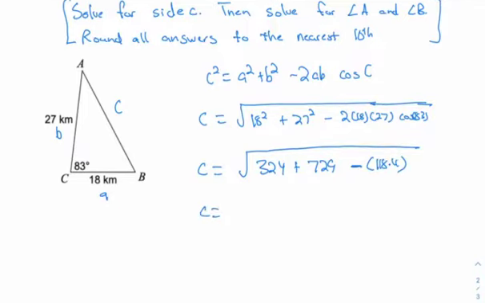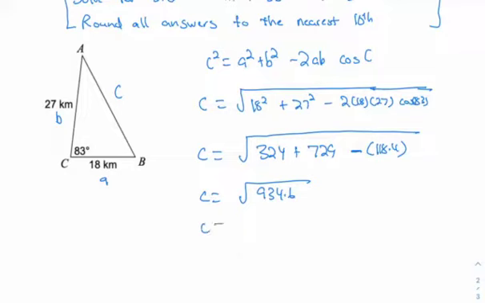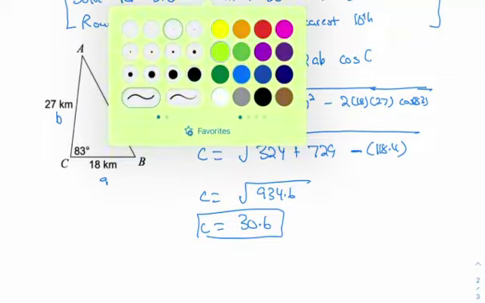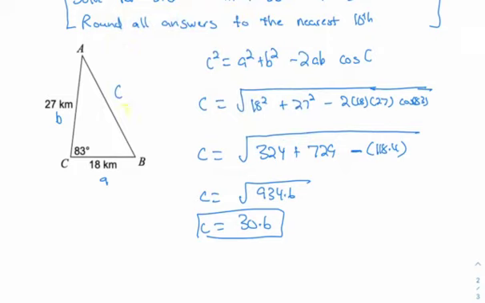Then I have C is the square root of 934.6. We round to 1 decimal place, so that's nearest tenth. So this comes out to 30.6. So I recommend to follow along with that. Make sure you're able to get the exact answer, and then you're finished with that part.